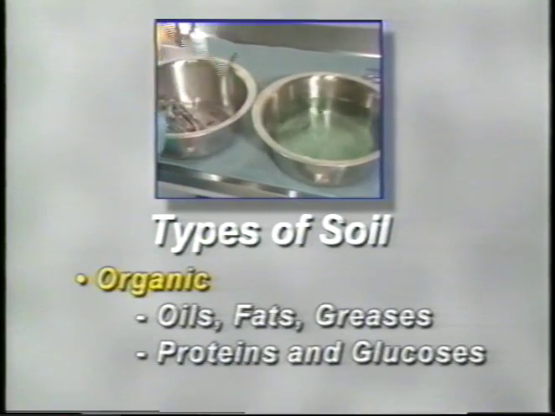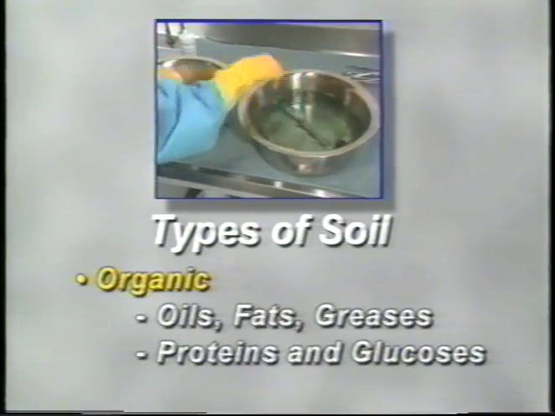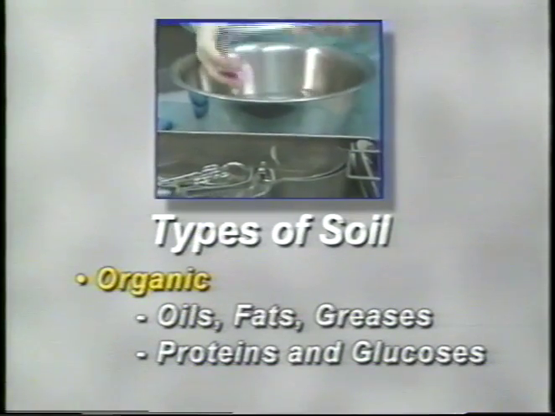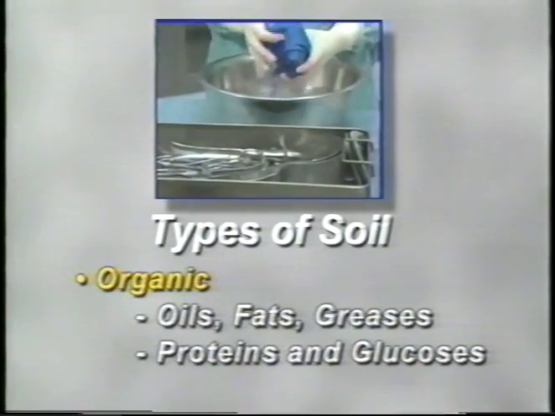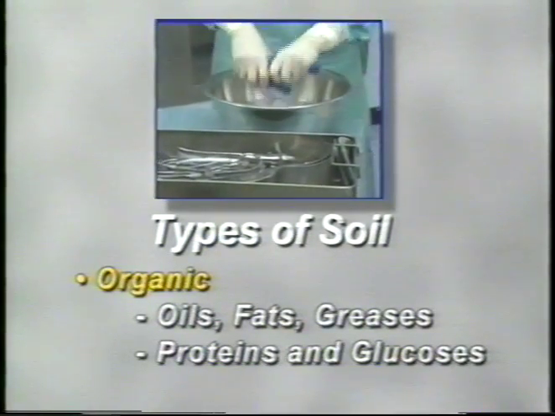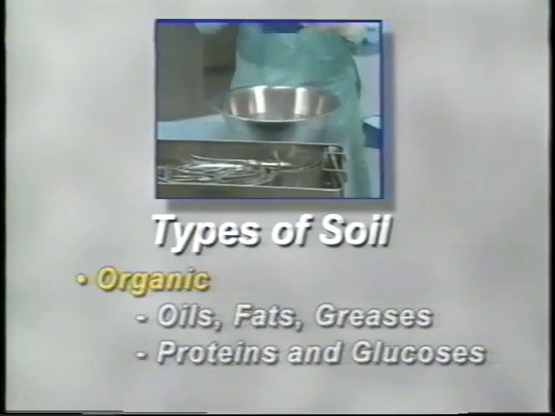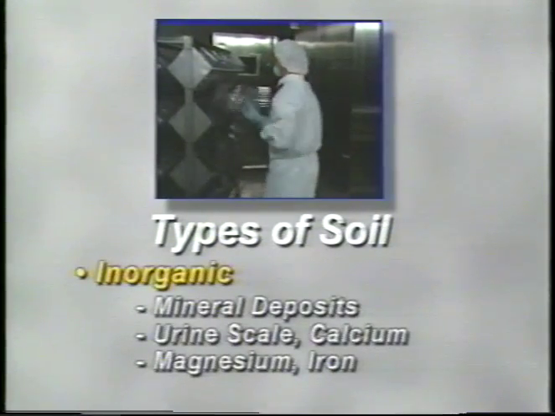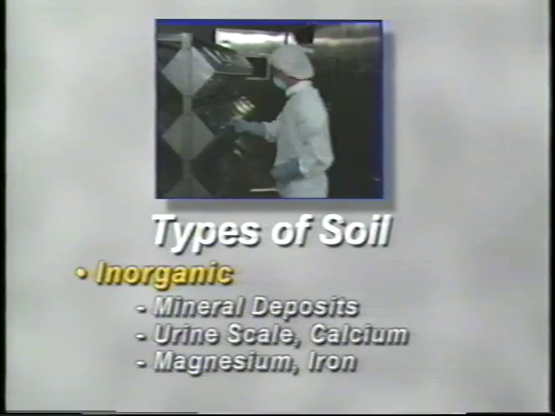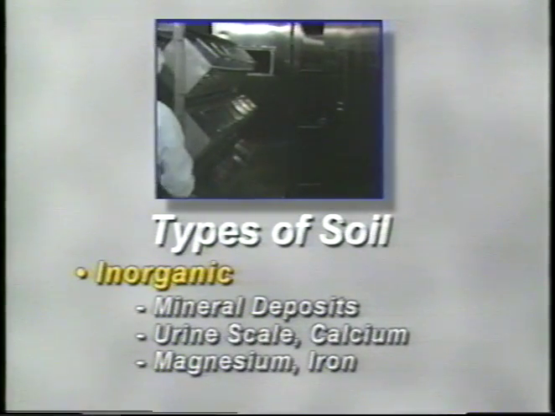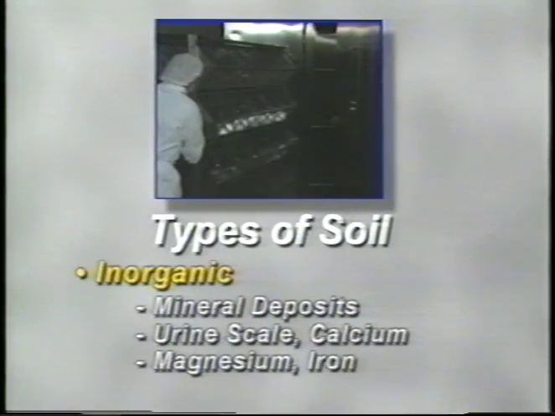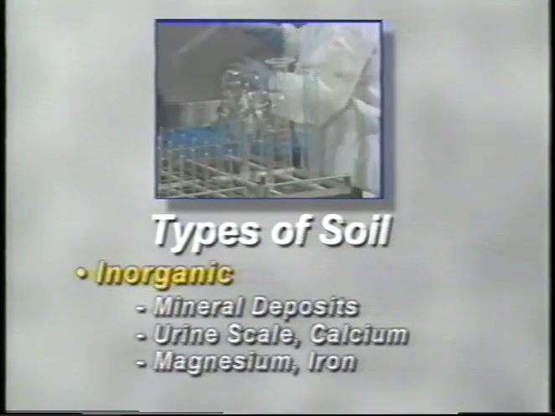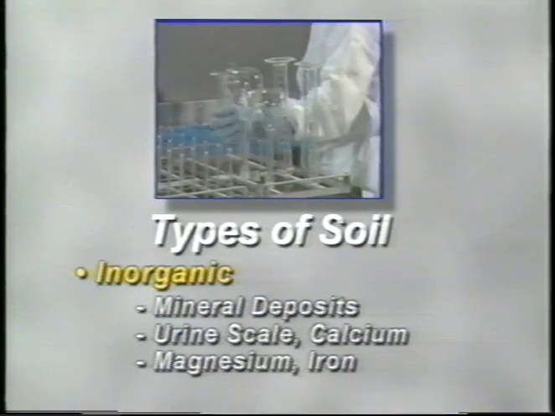Oily fats and greases, along with protein derived from blood and other types of bodily fluids, are considered organic and constitute the majority of and the most common type of soil seen in healthcare facilities and research laboratories. Inorganic soil is usually composed of mineral deposits such as urine scale, calcium, magnesium, or iron. Traces of these types of soils are often found in animal research, industrial, chemical, or pharmaceutical operations.